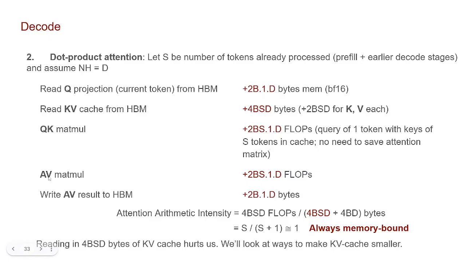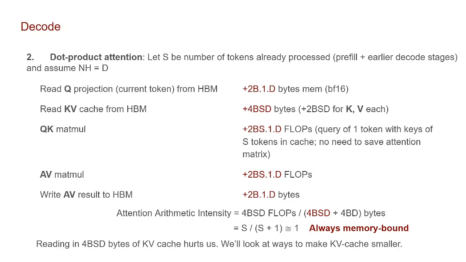And I've already considered the cost of loading the V matrix here. So the A times V matrix multiplication will incur 2 BSD flops. And then finally, I will write the result of this, which is a tensor of B times 1 times D. And because it's BF16, these many bytes.